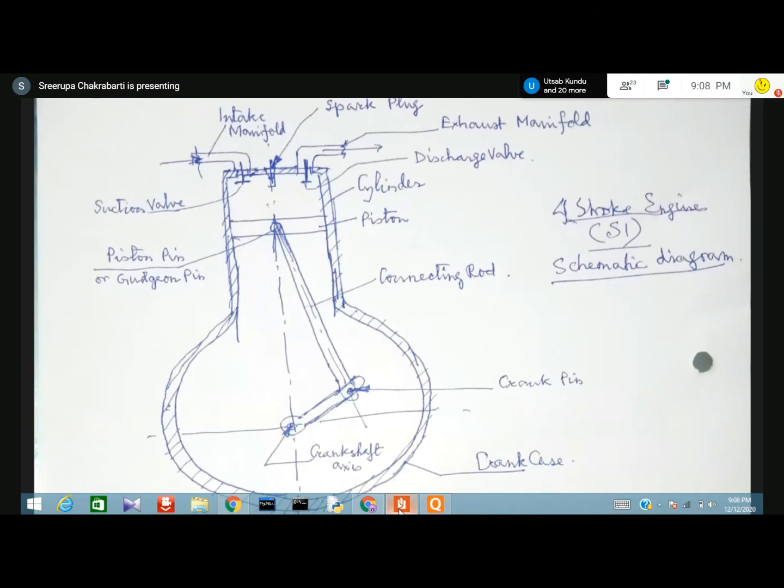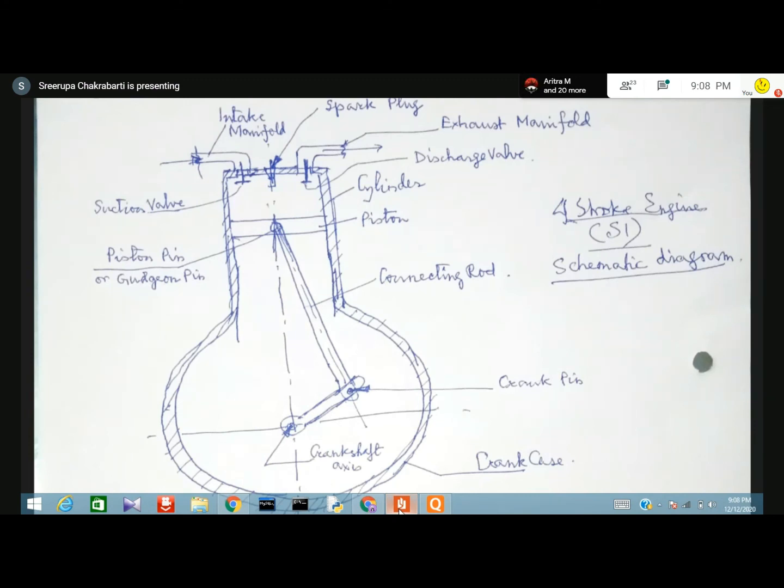That will not be the case in a petrol engine or SI engine, where the compression ratio is low. You are definitely going to ask me why we are contemplating such things. Why should we not give a high compression ratio to petrol engines?